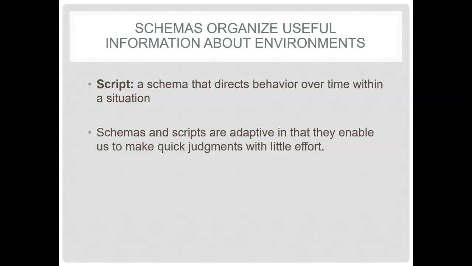And schemas and scripts can help us be fast, which can lead to some cognitive errors, but usually they're a really helpful way to categorize information and then access that information when you go to a new situation like the library. You reach into your script, you reach into the schema with the script, and you know how to behave in the library.